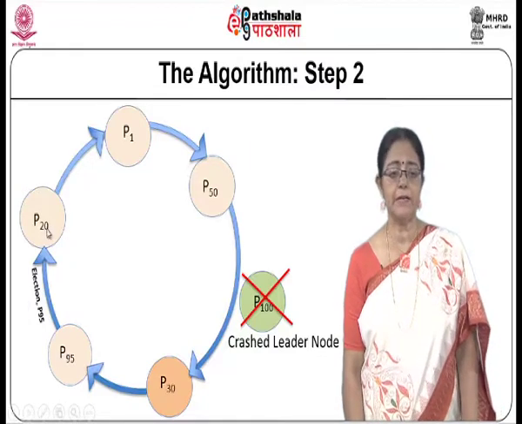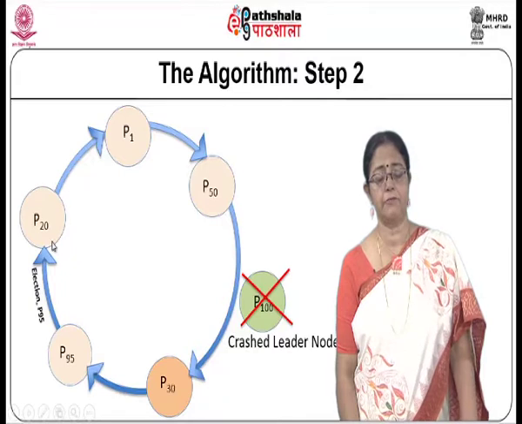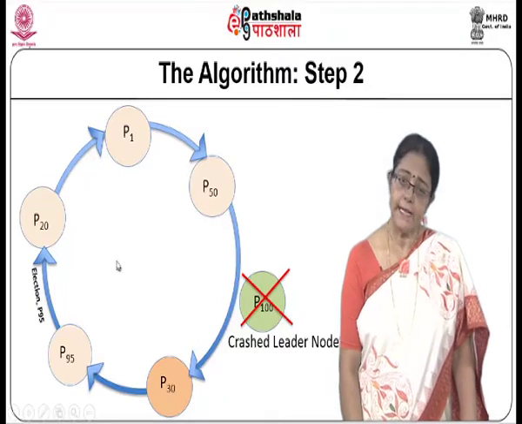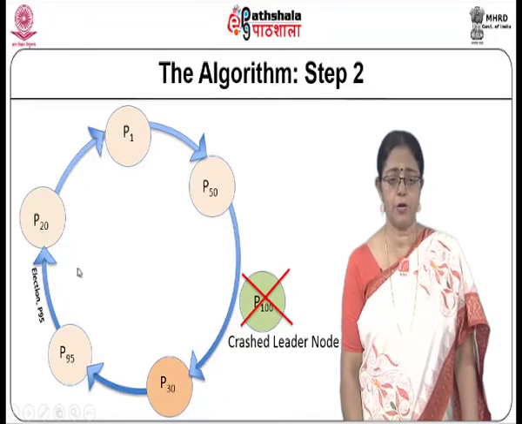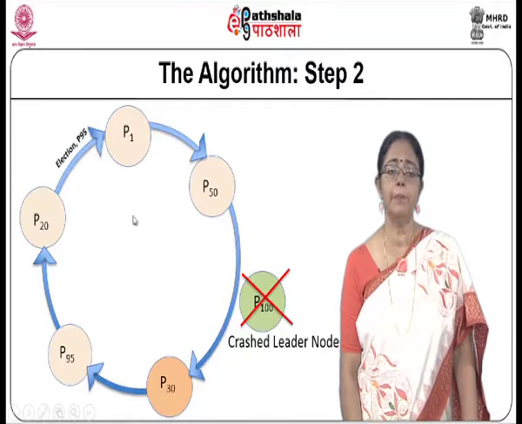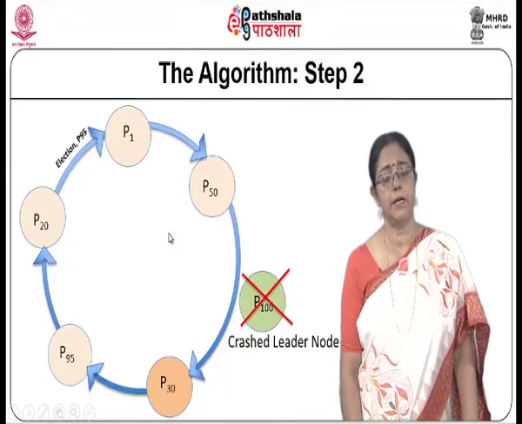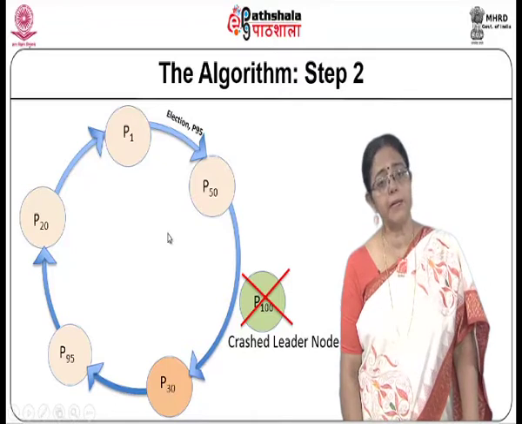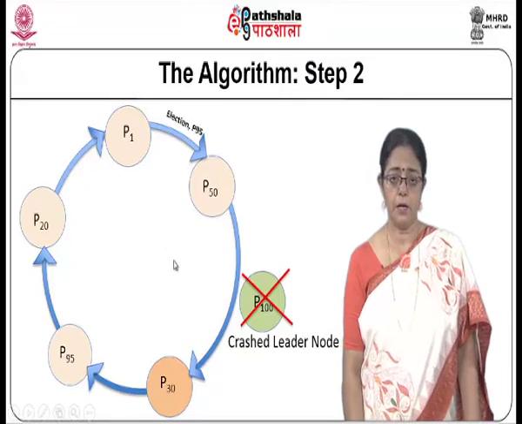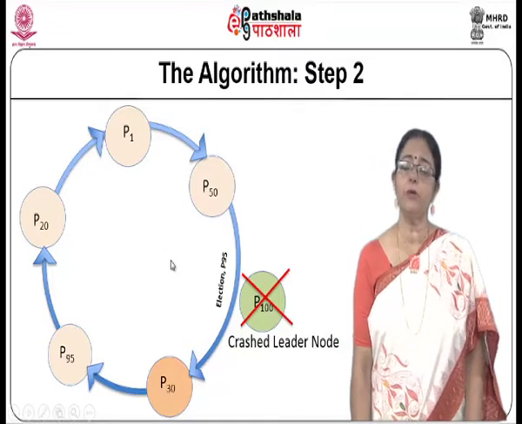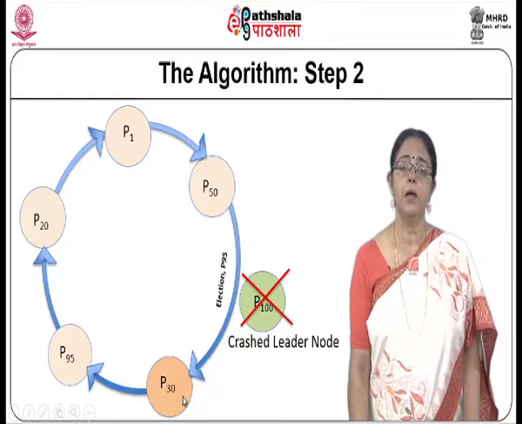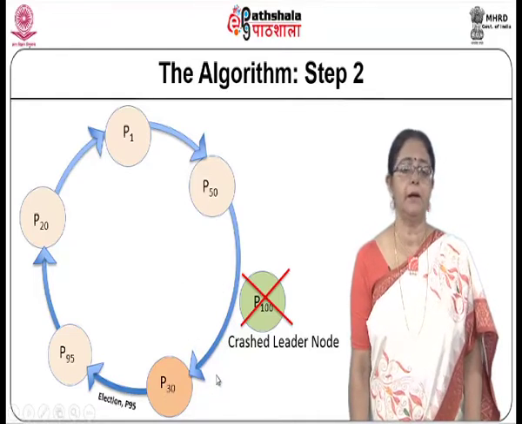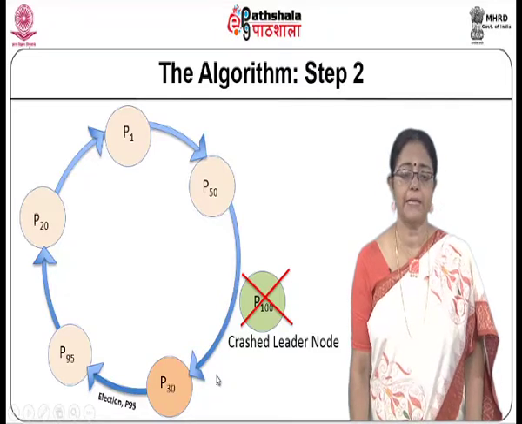Now, P20 will receive the message election, comma, P95, but P20 has a lower number, so it will simply forward the message to the next node. P1 similarly will forward the message, P50 will also forward it to P30, and P30 will forward it to P95.